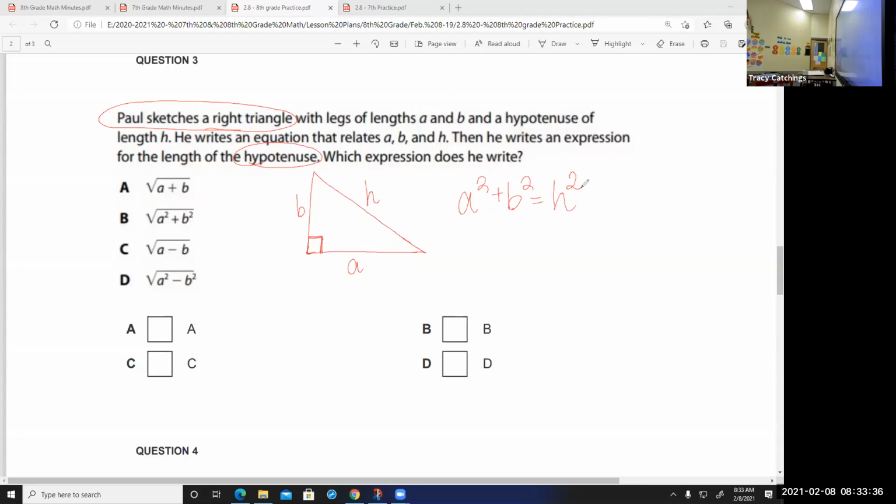Who remembers what gets rid of a square? How do I undo a square? Take a what?